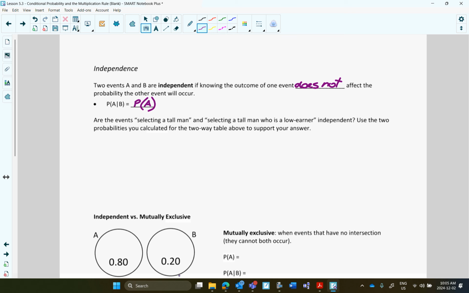Okay? So we want to find T, and then tall man who was a low income earner would be that.